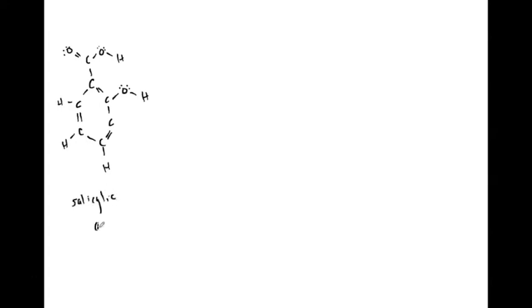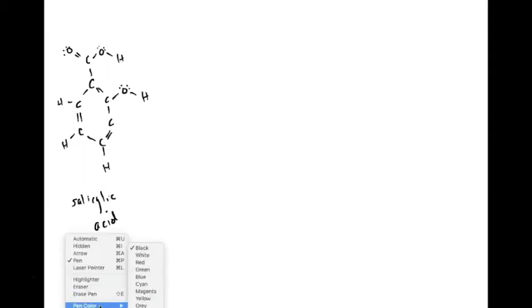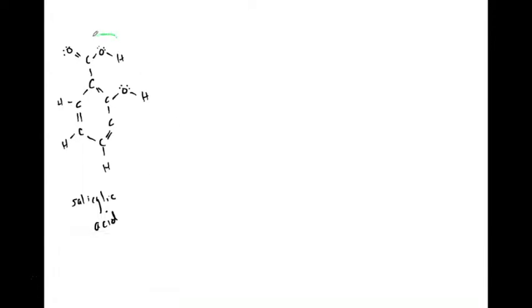And salicylic acid actually works as an anti-inflammatory, antipyretic, analgesic. It does the same thing as aspirin, except it's actually much worse for your stomach than aspirin is. As we said before, aspirin has this acid group up here that causes stomach issues.